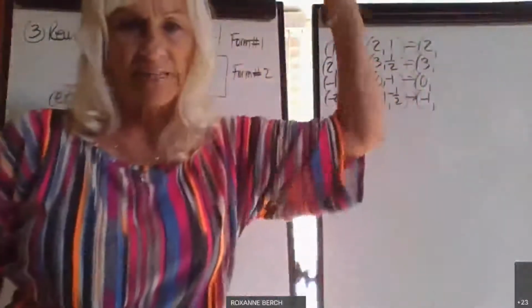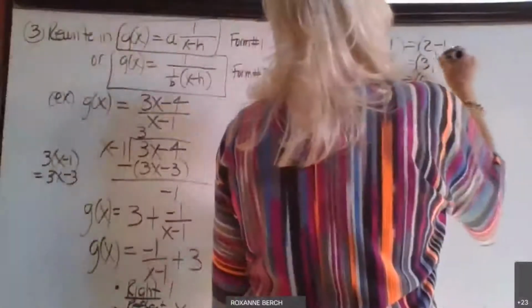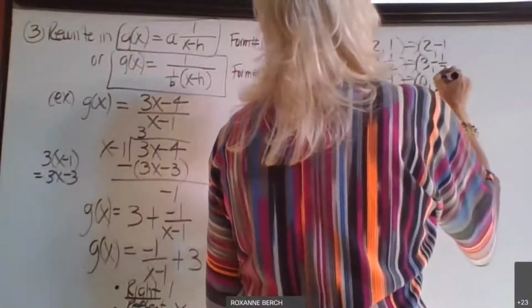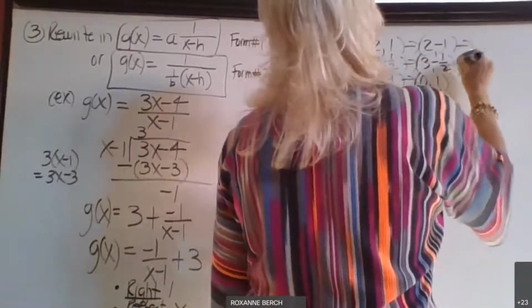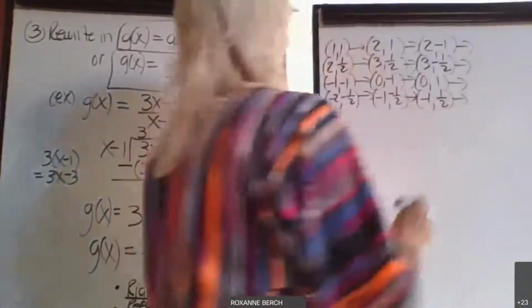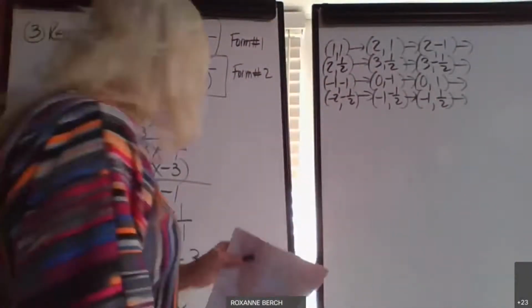Reflect X means negate the Y. That's a vertical movement, right? So negate the Y, negate the Y, negate the Y, negate the Y. And then we're going up 3.